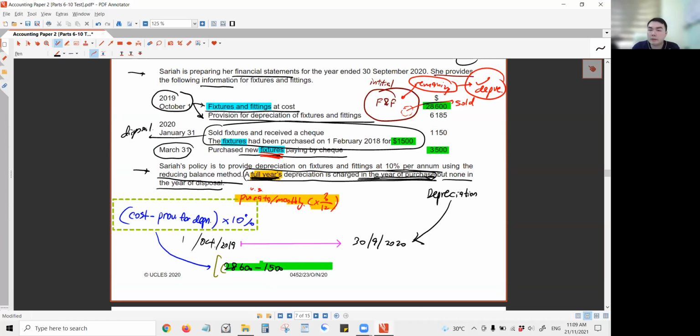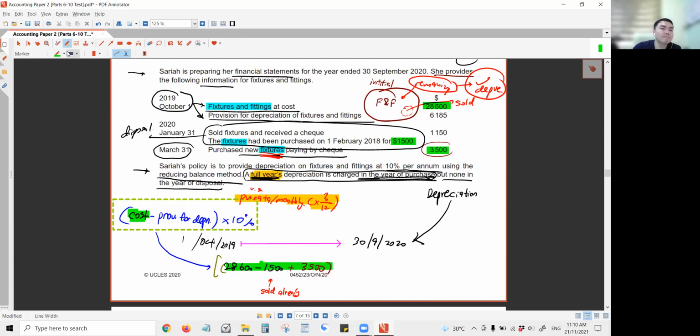I don't need to charge depreciation for this, so I minus it. And then the one that you bought in the current year, we have to charge depreciation, so you plus it. You bought it for 3,005. So this is for the cost. Then I close bracket. I have calculated the cost.